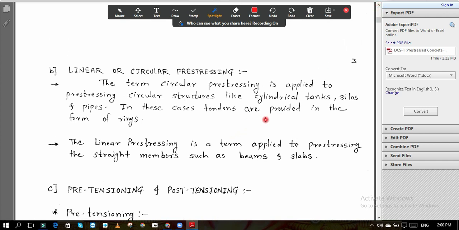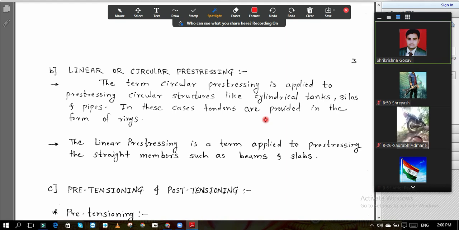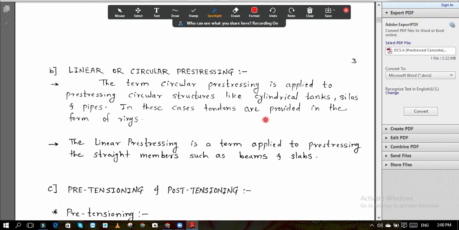Next is the linear or circular pre-stressing. The term circular pre-stressing is applied to pre-stressing circular structures like cylindrical tanks, silos and pipes, etc. So for the circular structures, this circular pre-stressing is used.